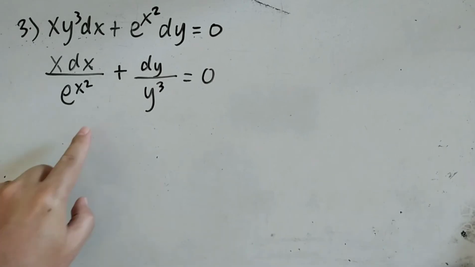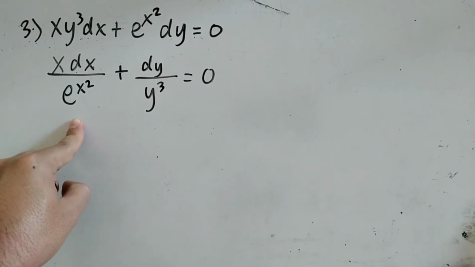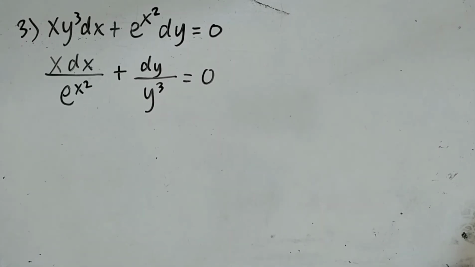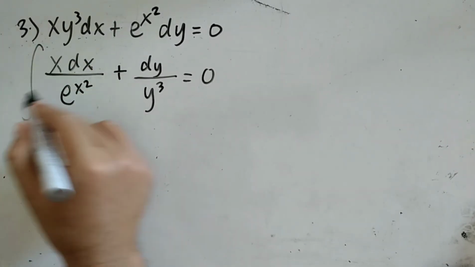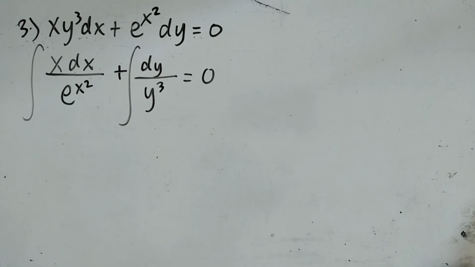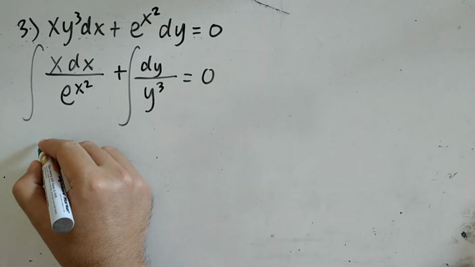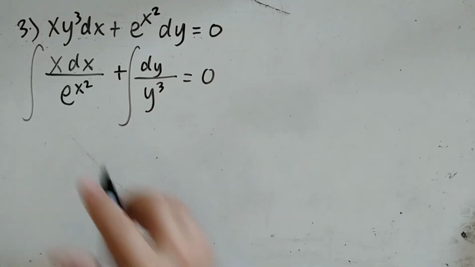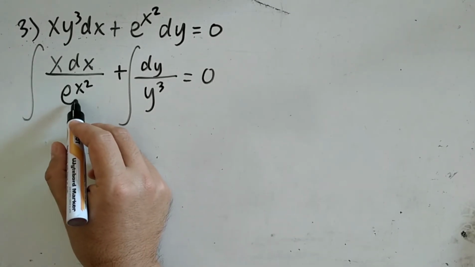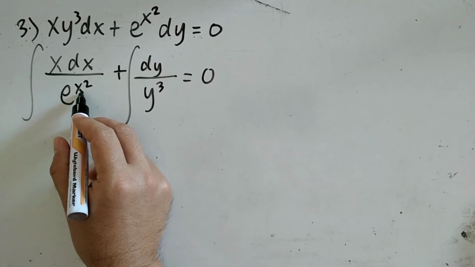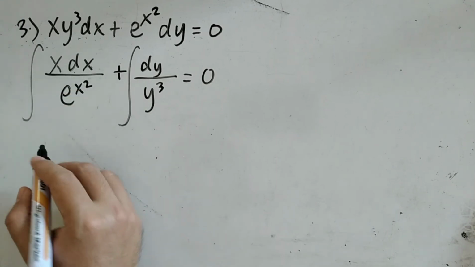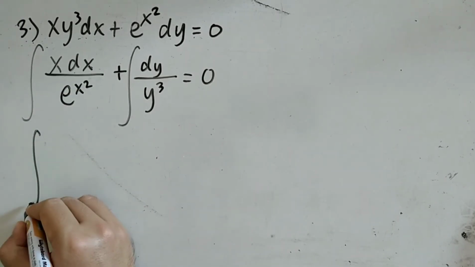Okay, so we now have a differential equation with the variables already separated. So we integrate this and we integrate this. Here we can have this whole expression in the numerator by changing its exponent to negative.